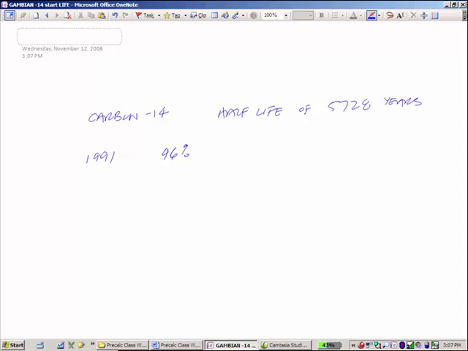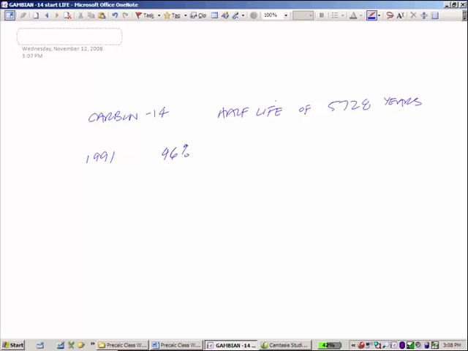Does that make sense? Just conceptually, did this person die more than 5,728 years ago or less than 5,728? How much is left? More than half or less than half? Less than half, so he must have died more than 5,728 years ago.